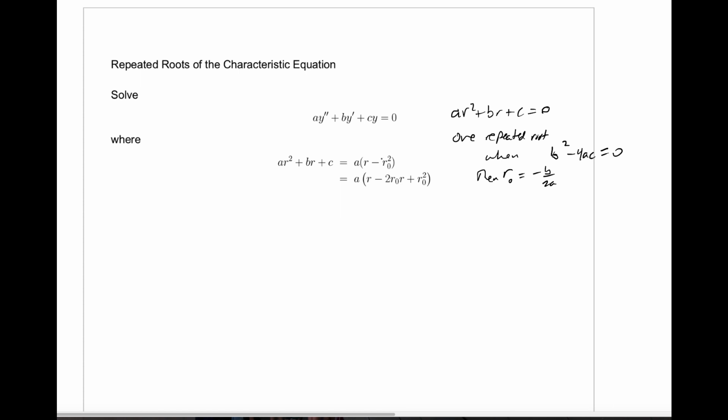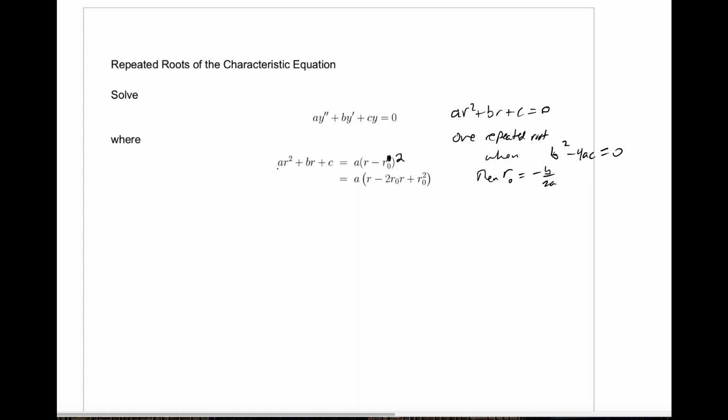Now, in that situation, we can take the quadratic ar squared plus br plus c, factor out the a, and then, oops, I put that in the wrong place. You have r minus r naught quantity squared, so you have the one root, so one linear factor there, repeated, so it'll be squared to give you your quadratic.